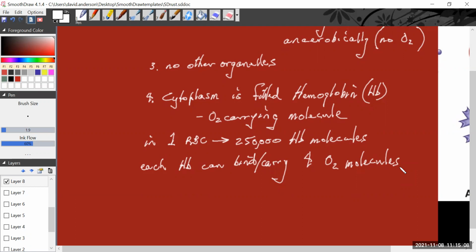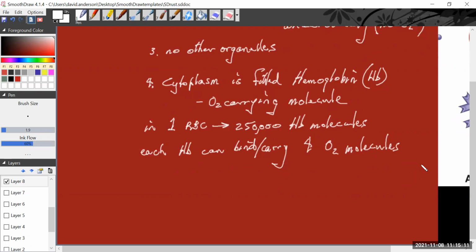And the hormone that's responsible for this regulation is called erythro. So you see erythro, you're thinking red blood cell. And then the hormone is called erythropoietin. It's got an abbreviation, EPO.